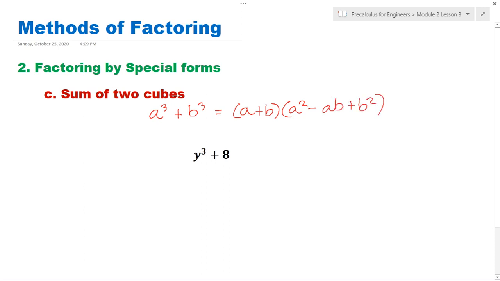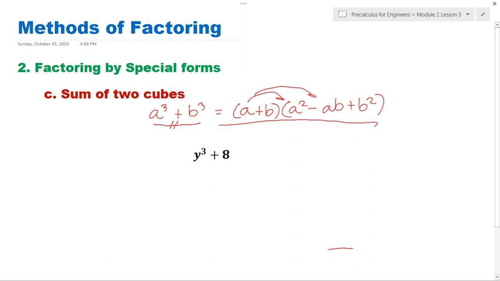So if we distribute this, the result would be A cube plus B cube. So it's up to you na lang, class. Just prove it by yourself that that is equal to A cube plus B cube. So please use this and remember this, familiarize this one.